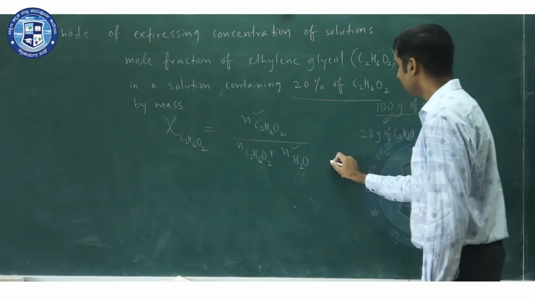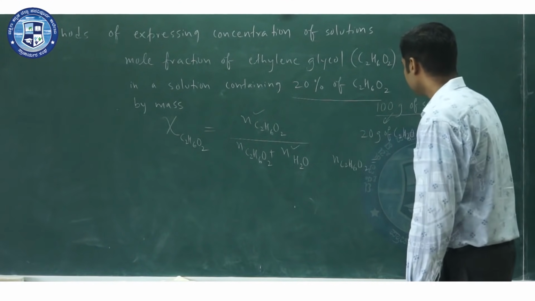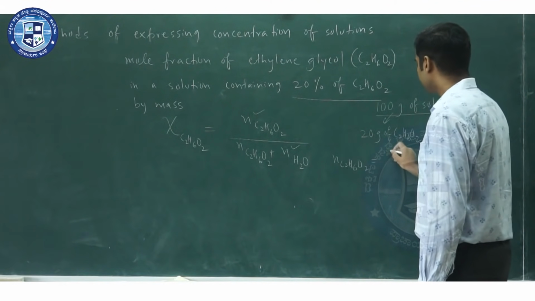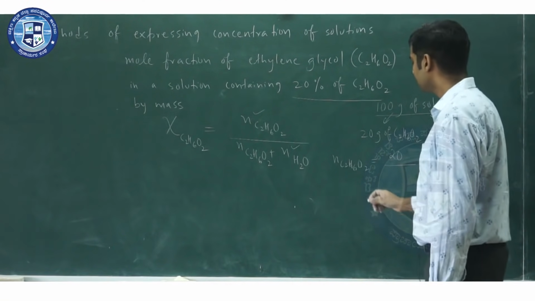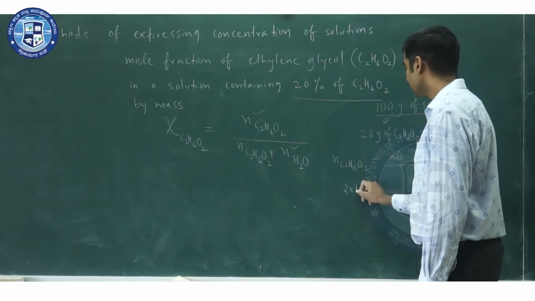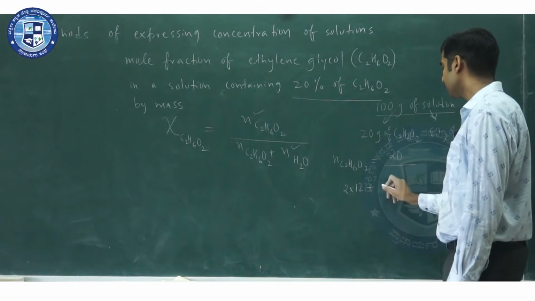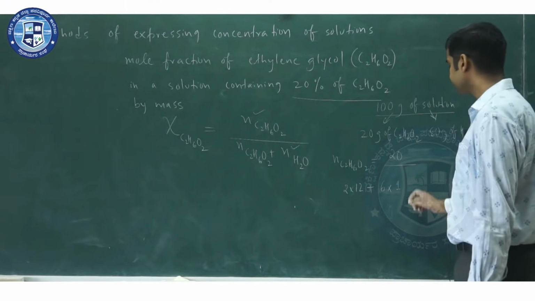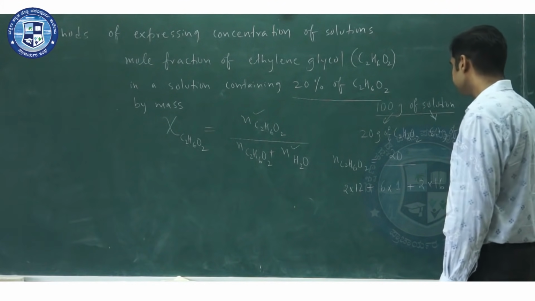With this information, number of moles of ethylene glycol will be mass divided by the molar mass. Mass of ethylene glycol is 20. What will be the molar mass of ethylene glycol? So I got 2 atoms of carbon, 2 into 12. I've got 6 atoms of hydrogen, atomic weight let me consider approximately equal to 1. There are 2 atoms of oxygen, atomic weight of oxygen is 16.